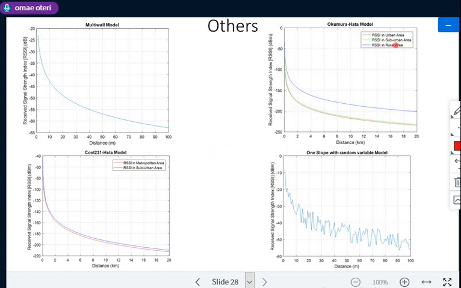We also have the rural area, and you'll be able to see those graphical representations, all these are actually in terms of the received signal. Then there is the one slope with a random variable. Most of the time our signal will be random, and this is also a depiction of the same. So that's what you can mention about the losses and the modeling, which usually happens with this.